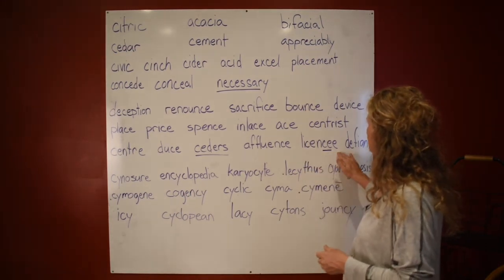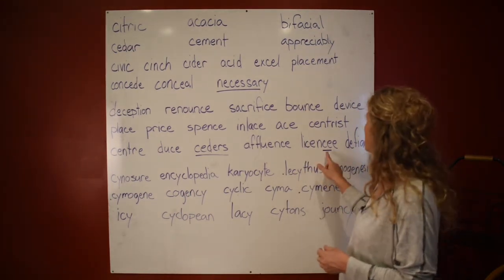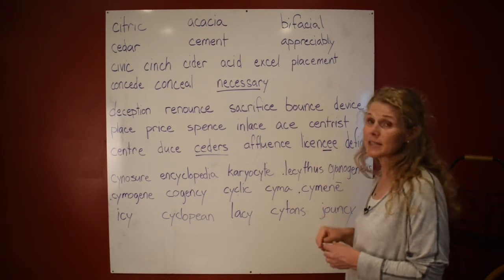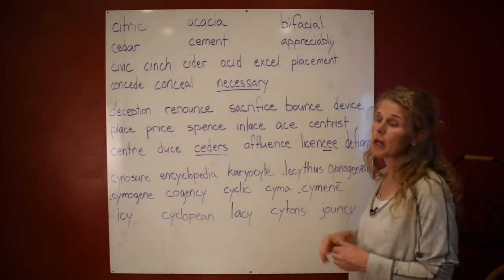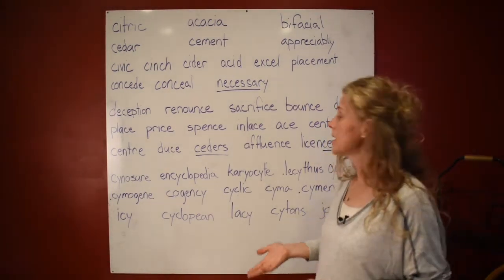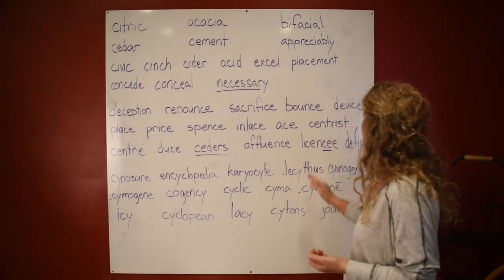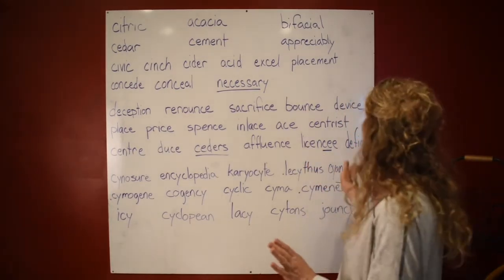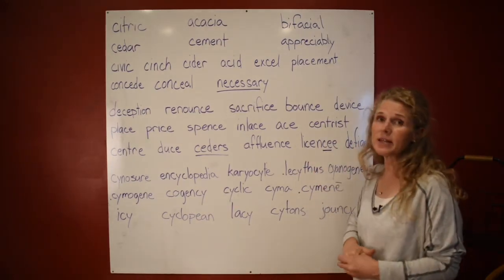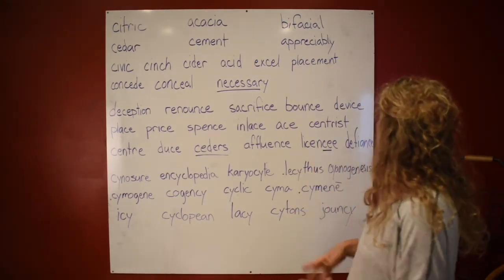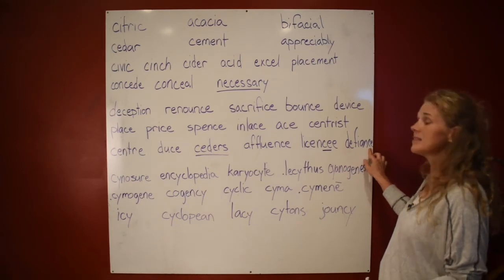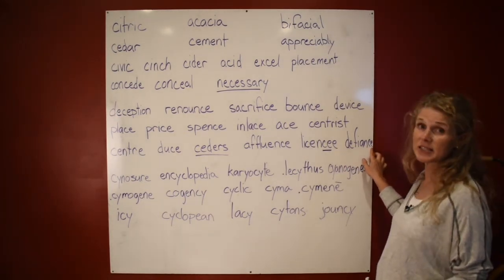This is how you spell licensee, but also you can spell licensee with an S-E-E. So they're both considered correct. This is the most common way to spell licensee. But just in case, we have some people that spell it with an S-E out there. Defiance, that C is saying S because of this E.